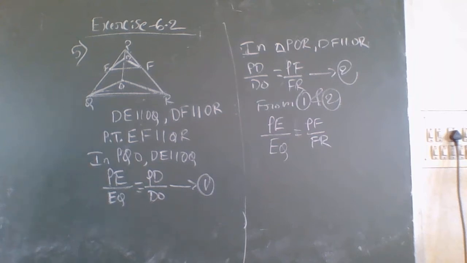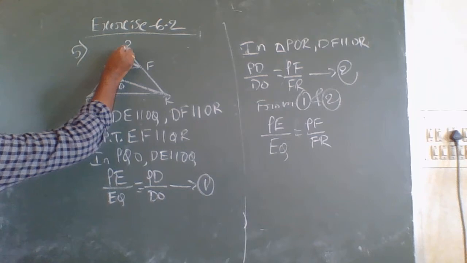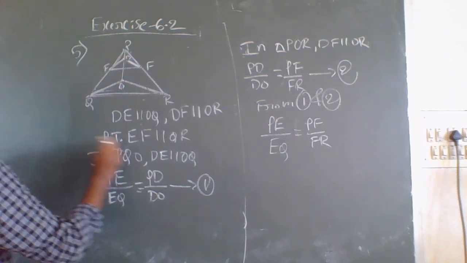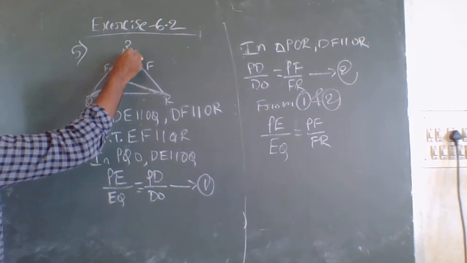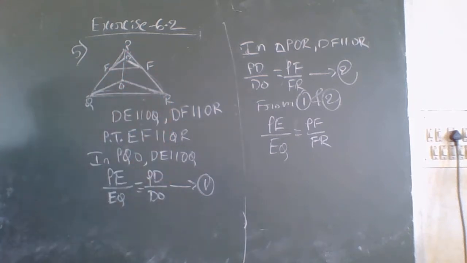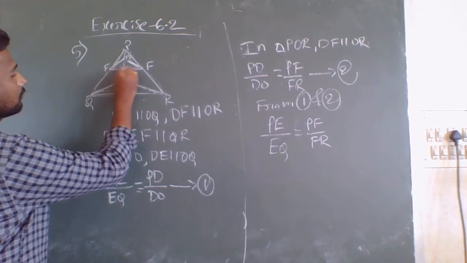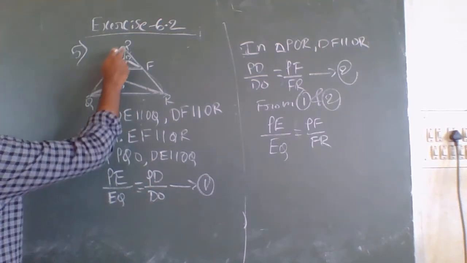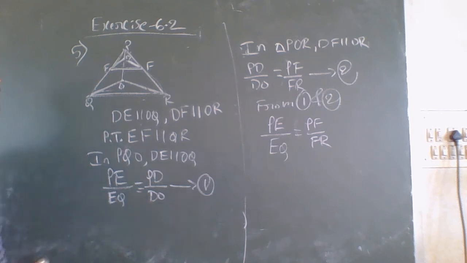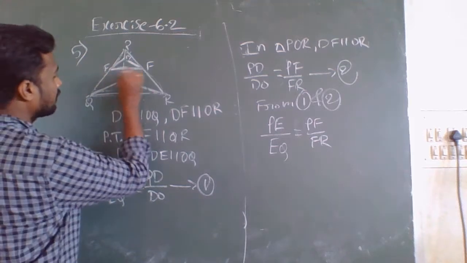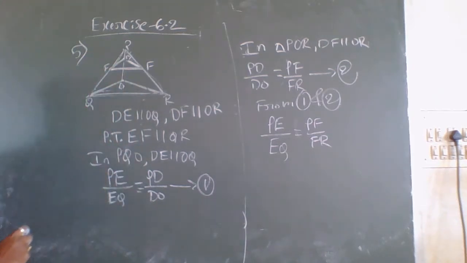Now, by using the converse of the proportionality theorem, what can we do? Here PE by EQ is equal to PF by FR. So the two sides PQ and PR are divided in the same ratio by the side EF.